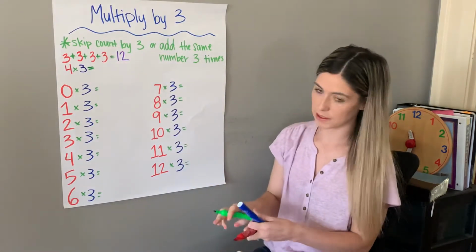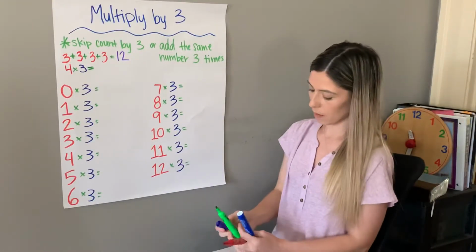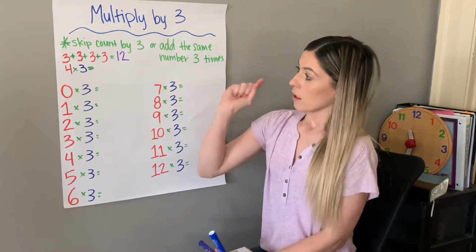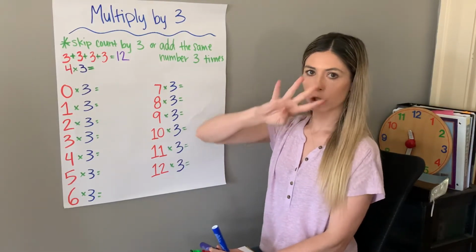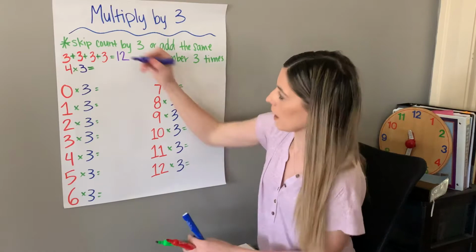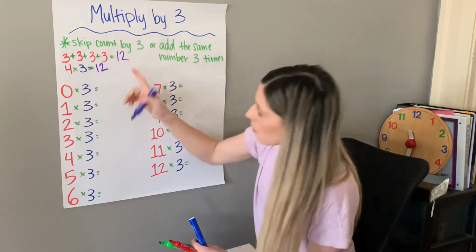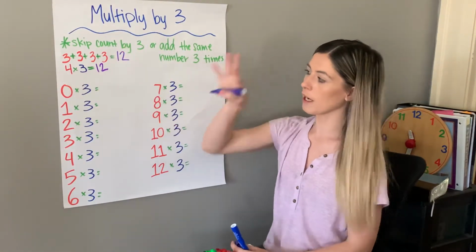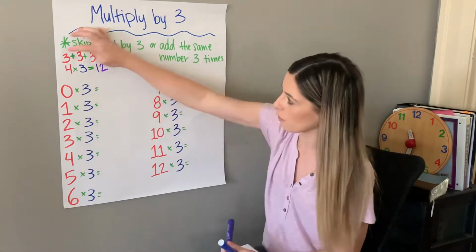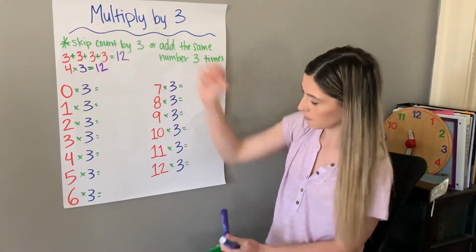Now I know how to skip count by 3s, so I can do that on my fingers also. 3, 6, 9, 12. My answer is 12. So my answer is exactly the same, but my multiplication problem is shorter and I did it a lot faster than having to count each little number.